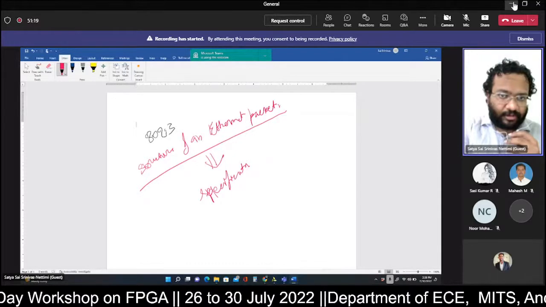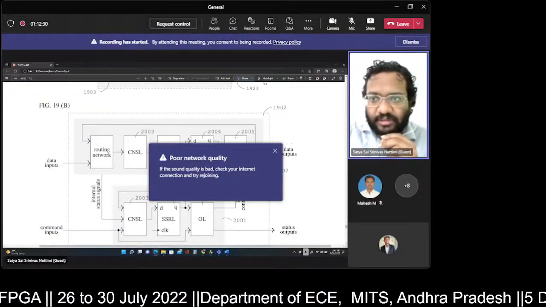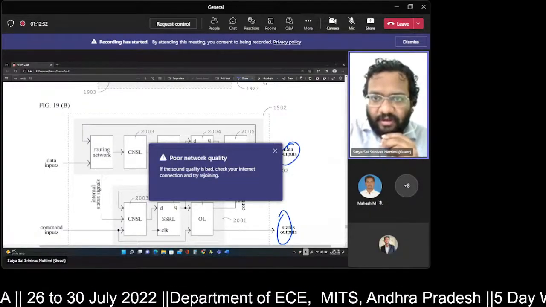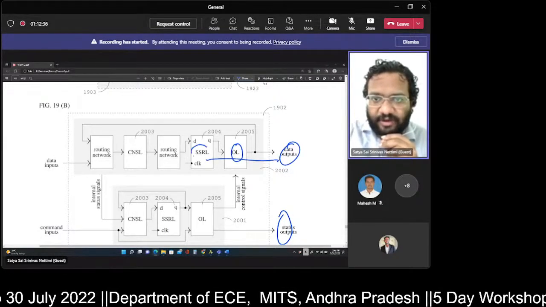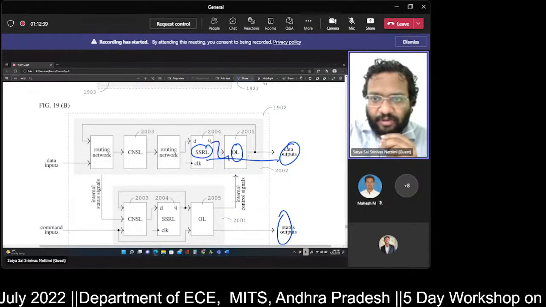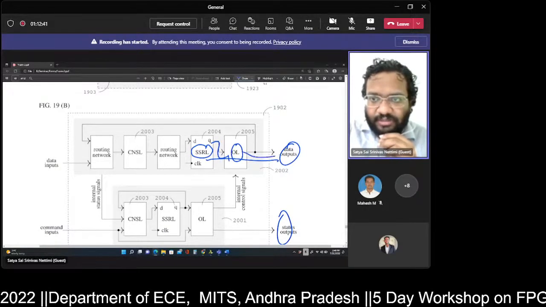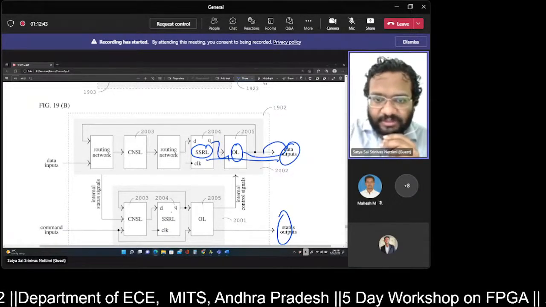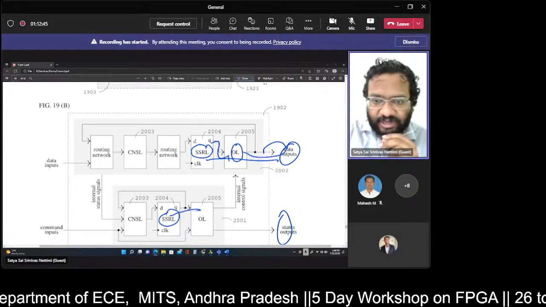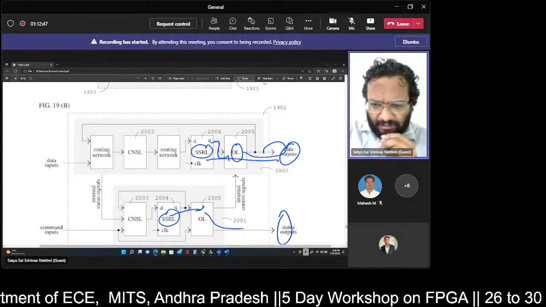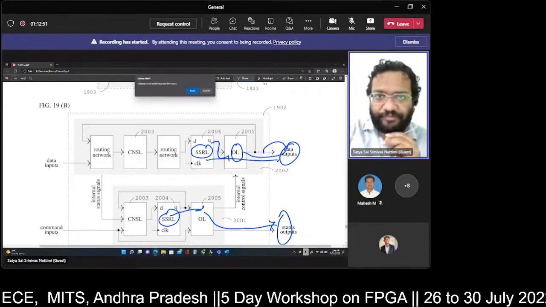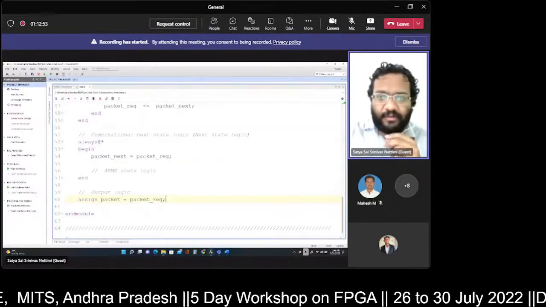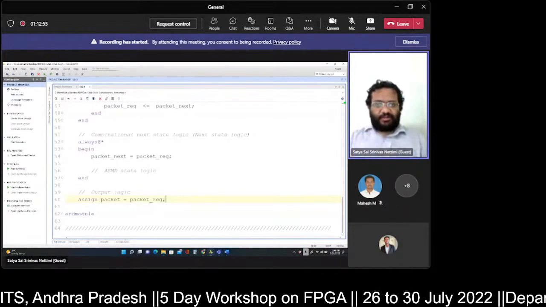This is the output logic, right? From the register we are getting the output, and this output logic is driving the output. So the sequential state register logic is driving the output logic, and the output logic is driving the outputs of the module. So this is how it looks.